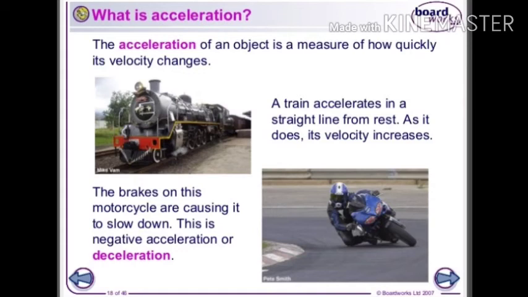Here the train's velocity increases from rest, so we can say that the train is accelerating, or its velocity is increasing. Here the brakes are applied on the bike, it means its velocity decreases, or we can say that it is having a negative acceleration, or deceleration.